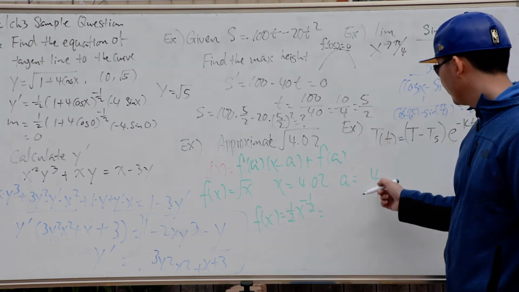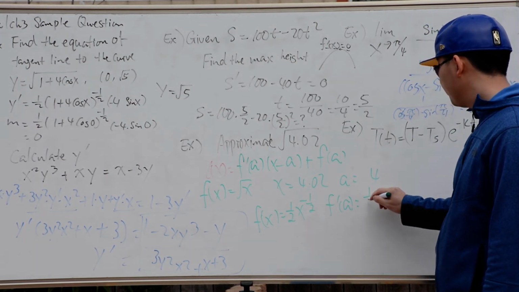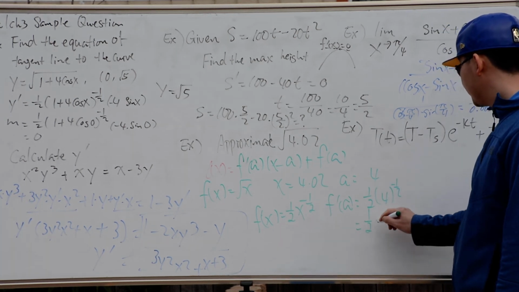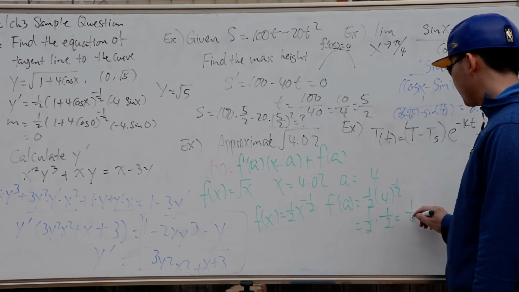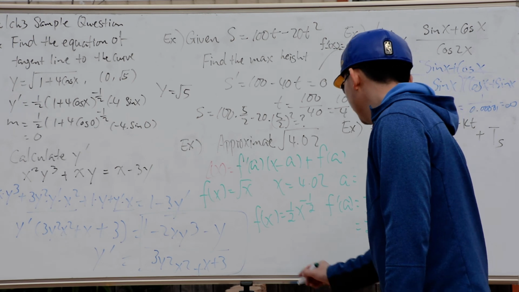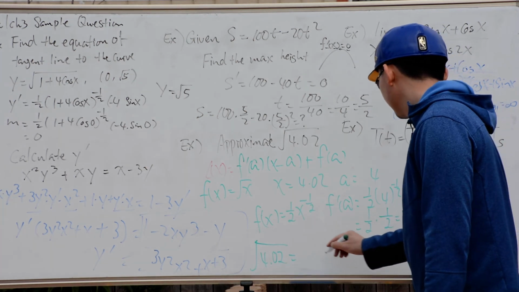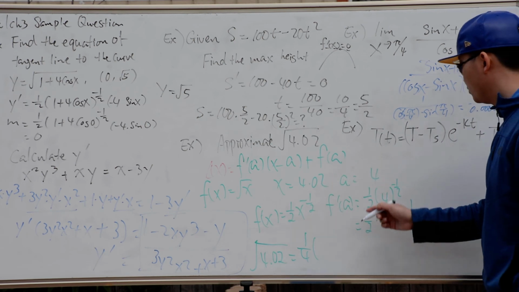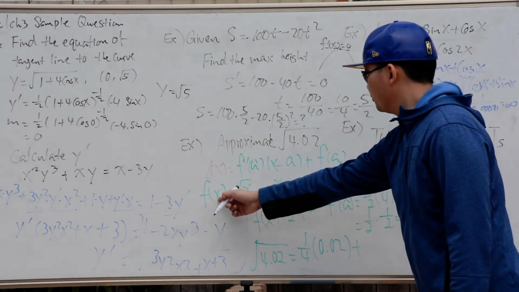Plug in a number, f prime of a. We have 1/2 times 4 to the power of negative 1/2, so 1/2 times 1/2, which gives 1/4. Then put everything back into the original equation. For the square root of 4.02, that is about f prime of a, so 1/4, times x minus a, so 4.02 minus 4, which is 0.02, plus f of a, so f of 4, which is 2.